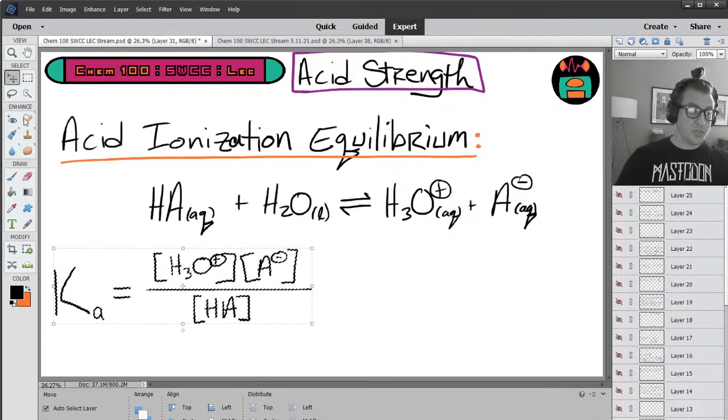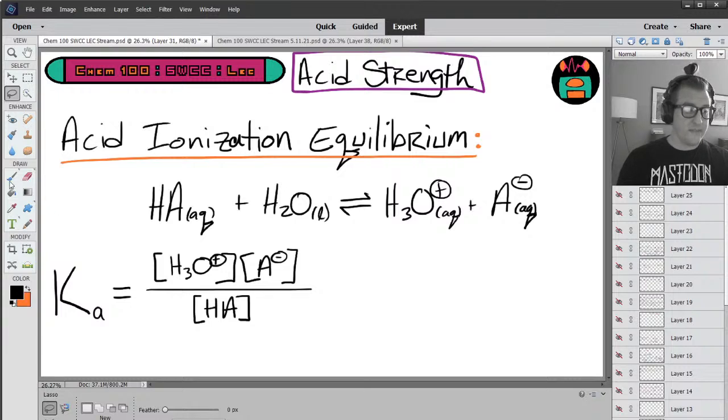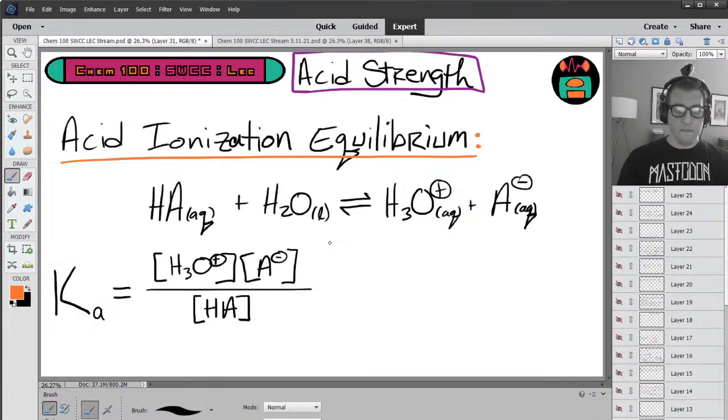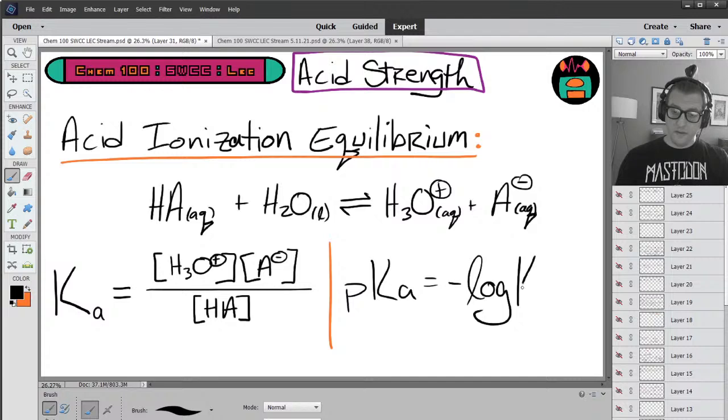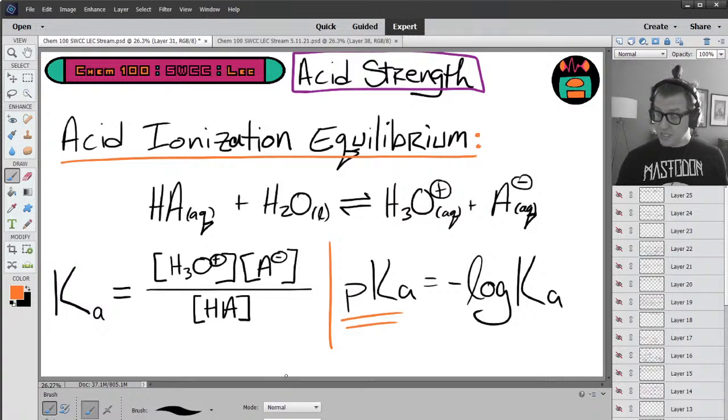Instead, what we use to rate the strength of individual acids is a value known as pKa. Just like pH was the negative logarithm of the concentration of hydronium, pKa is the negative logarithm of the Ka. And this really is the gold standard for rating how strong an acid is.